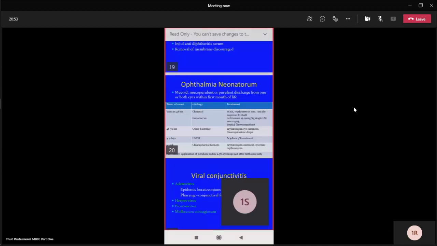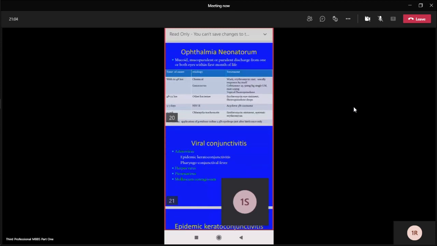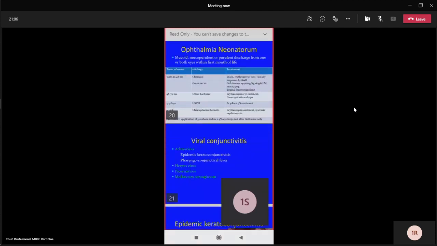In that case, we have to use acyclovir 3% ointment 5 times a day for 2 weeks. And after 1 week, if there is congestion, we have to think about Chlamydia trachomatis. But nowadays, trachoma is eradicated from our country, so usually we do not get such cases.